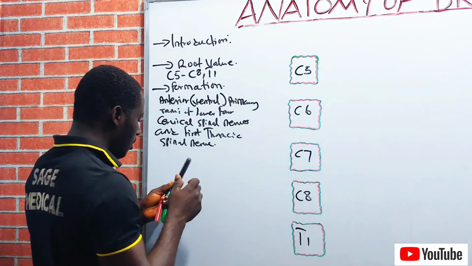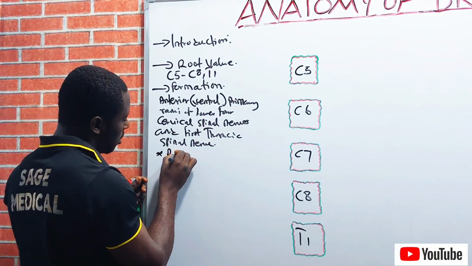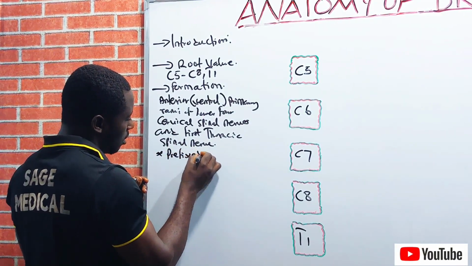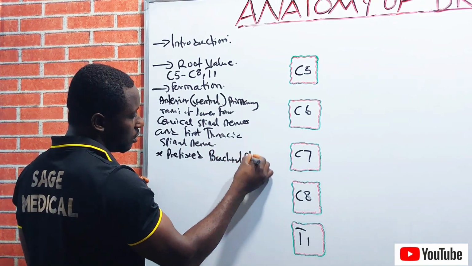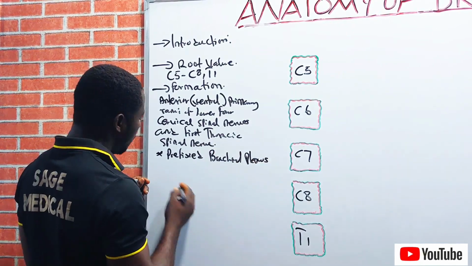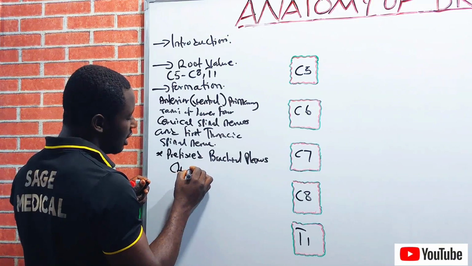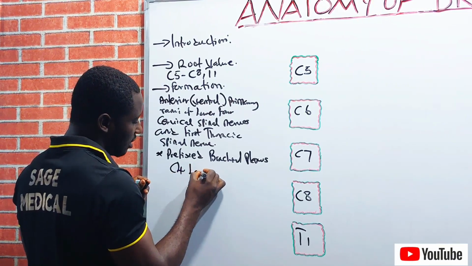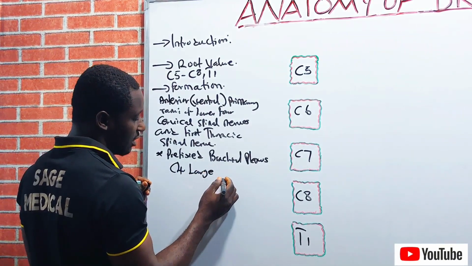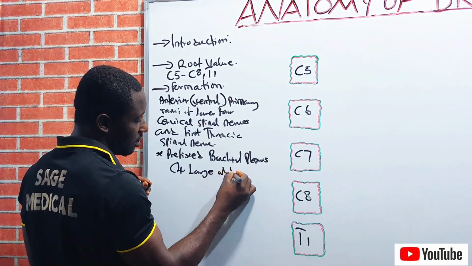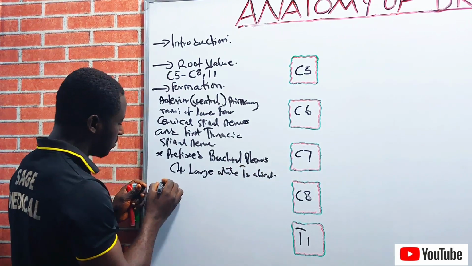So, in prefixed brachial plexus, C4 is large, while T2 is absent.